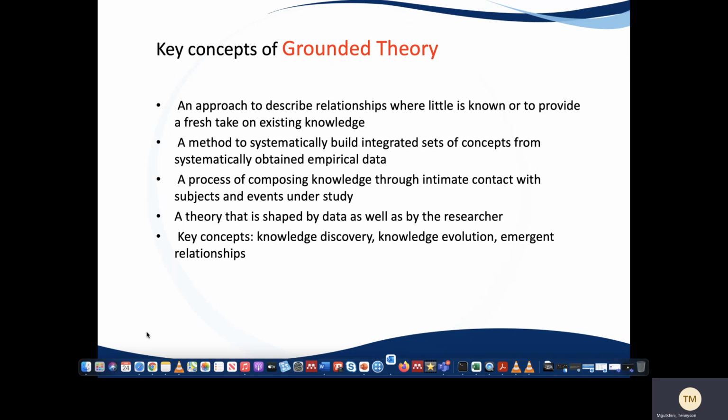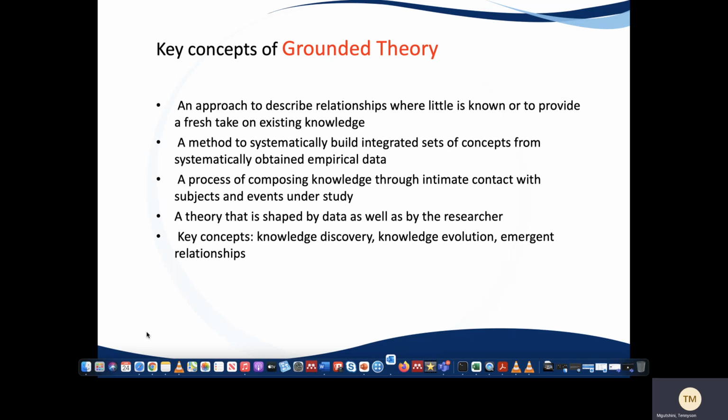So you have this intangible phenomena that you're interested in, and you're able to build pockets of theoretical understanding in relation to that phenomena by just looking at the data that coincidentally makes itself available to you. And it's a process of composing knowledge through intimate contact with subjects and the events under study.